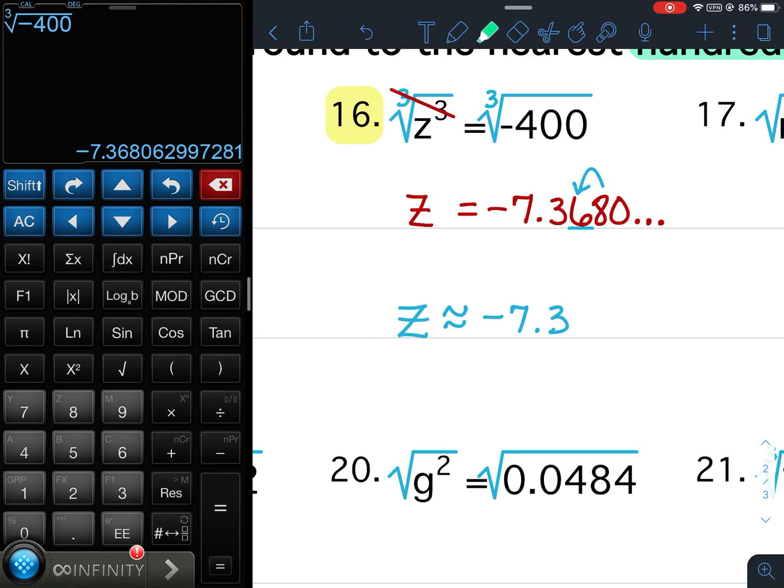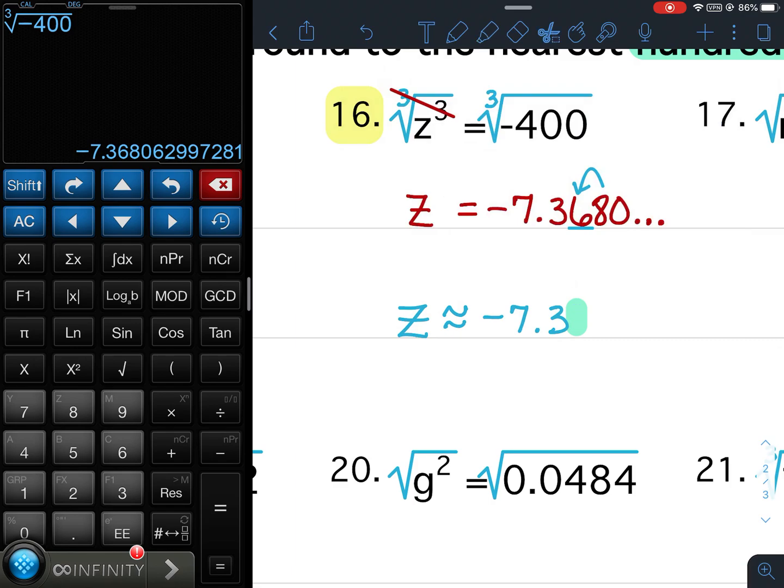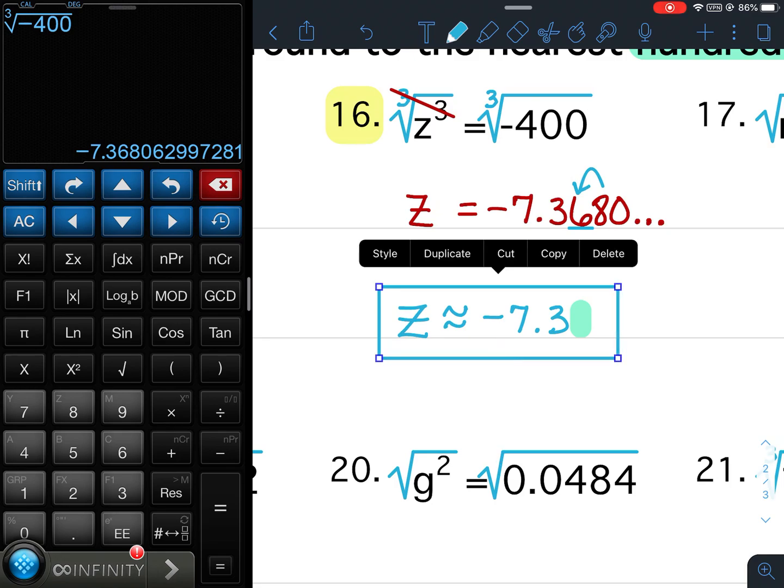So you're going to have to fill in this number here. So again, your answer will either be z is approximately -7.36 or z is approximately -7.37.